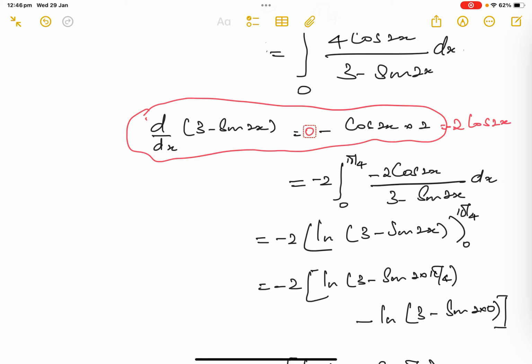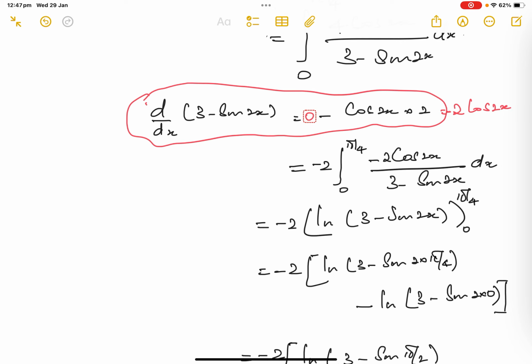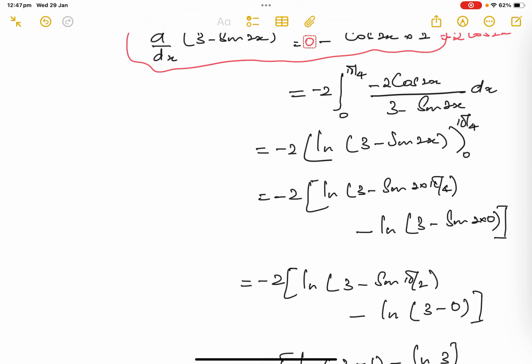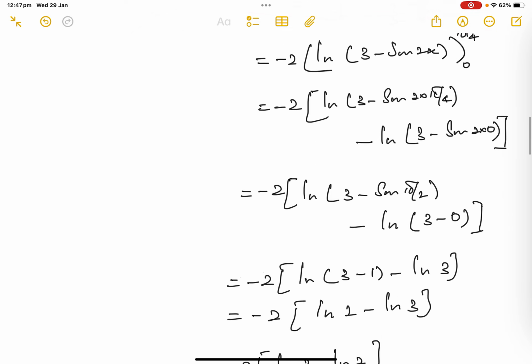So straightforward: minus 2 ln of the denominator, 3 minus sine 2x, with limits 0 to π/4. Applying the limits: minus 2 times ln of 3 minus sine of 2 times π/4, minus ln of 3 minus sine of 2 times 0.